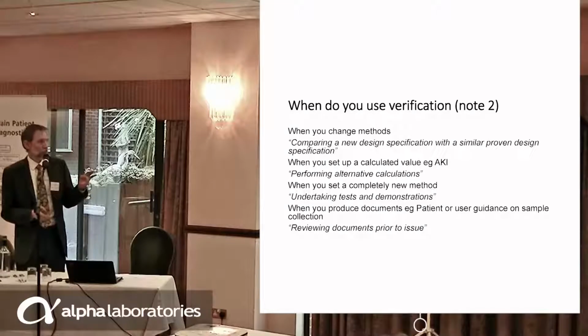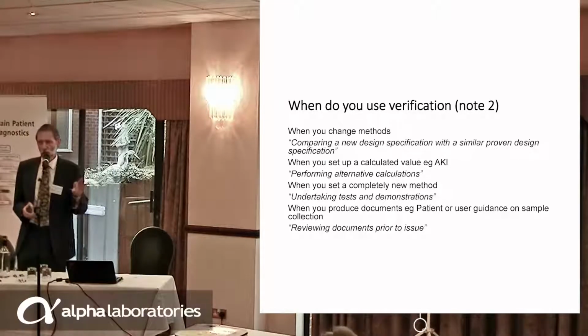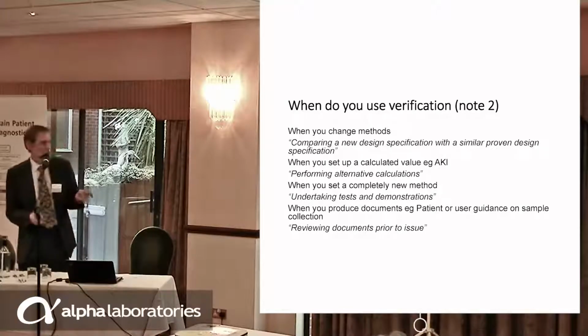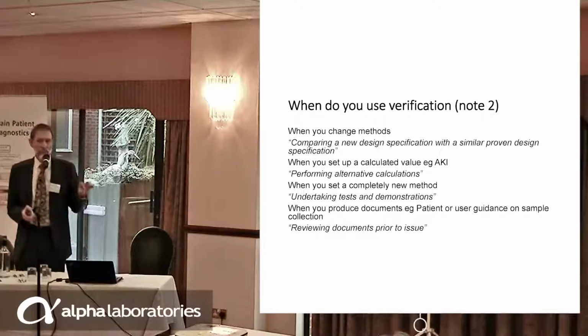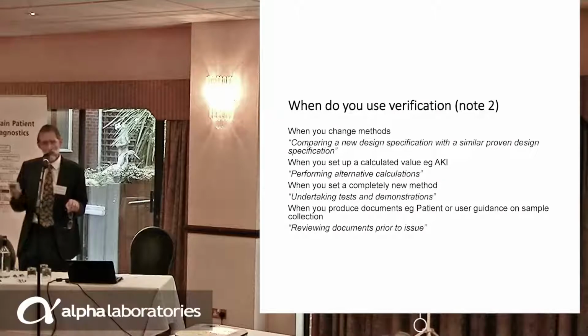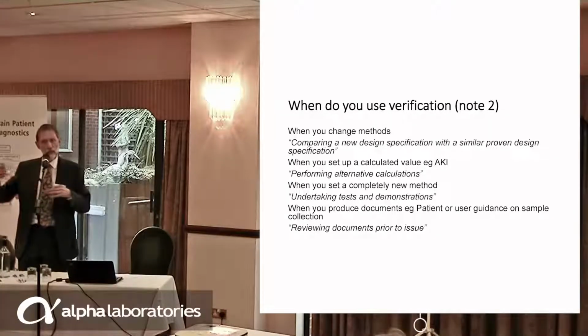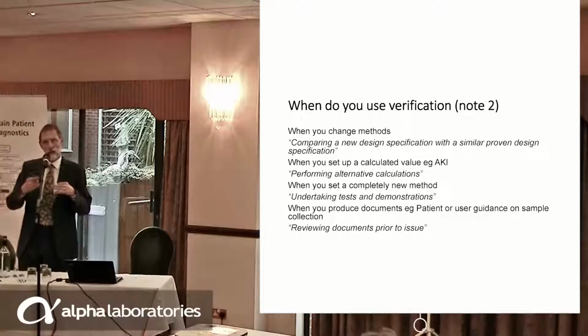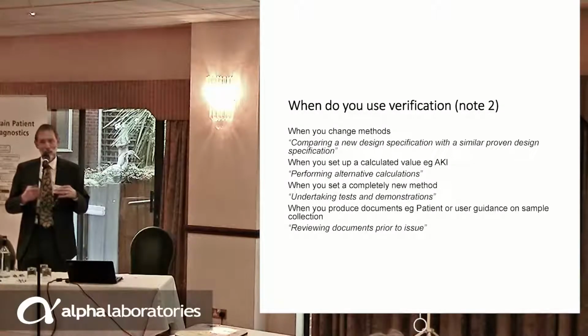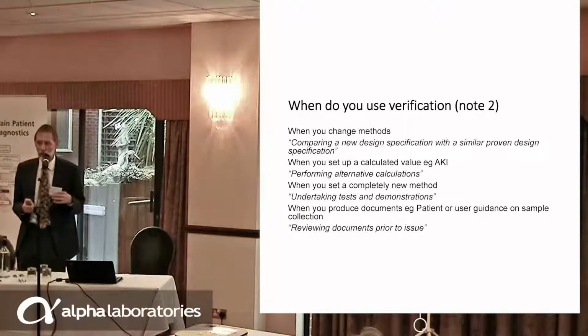But you can also verify other things. So, for instance, I'm sure all of us have recently introduced AKI alerts, okay? But when you did that, you had done some calculations in some sort of data management system, either a standalone data manager or in your LIMS or somewhere, and ultimately that's going to get onto a patient report. And what you might have done, and I think I might ask this question if I visited a laboratory, okay, so you've introduced an AKI alert.